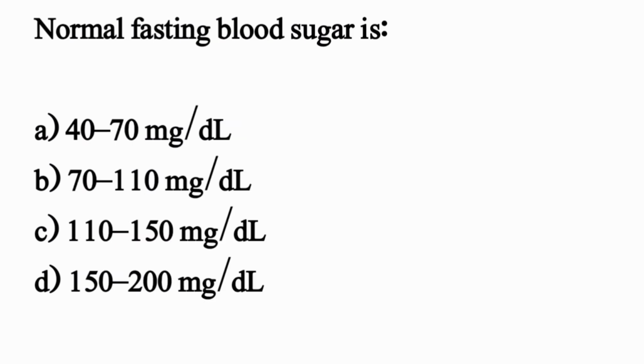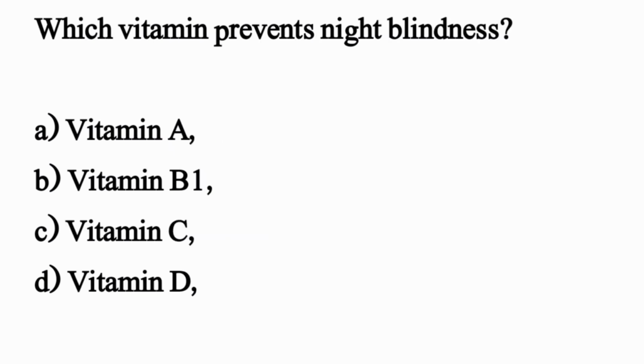Normal fasting blood sugar is. The right option is option B, 70 to 110 mg per dL. Which vitamin prevents night blindness? The right option is option A, vitamin A.